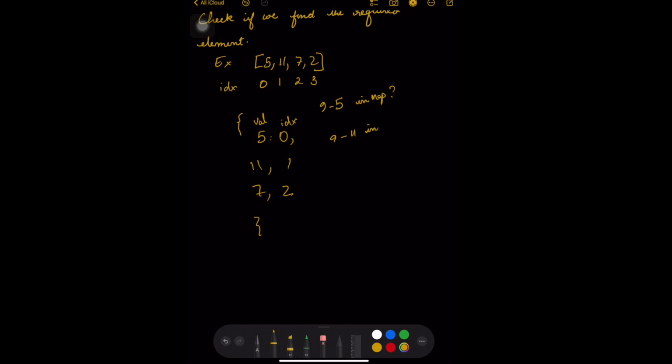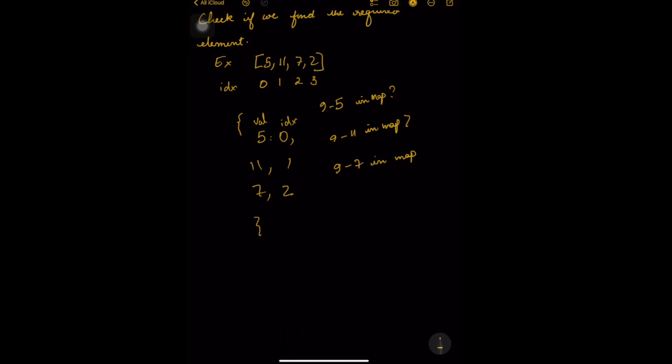That's minus 2. No, you move ahead. Is 9 minus 7 in map? No, you move ahead. Is 9 minus 2 in map? In that case, we do see 7 existing, and that's where we know we have an answer.